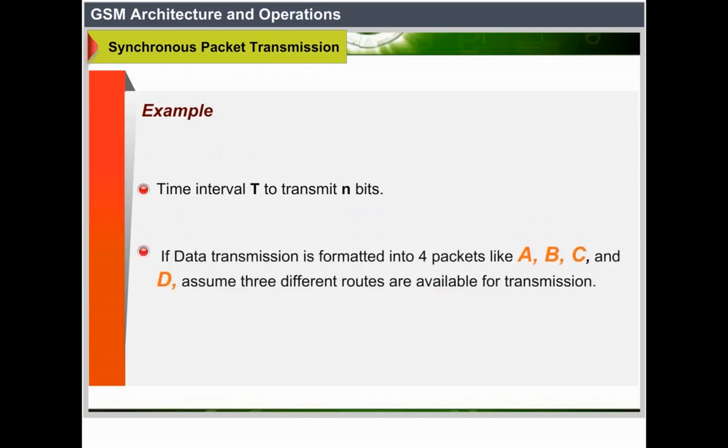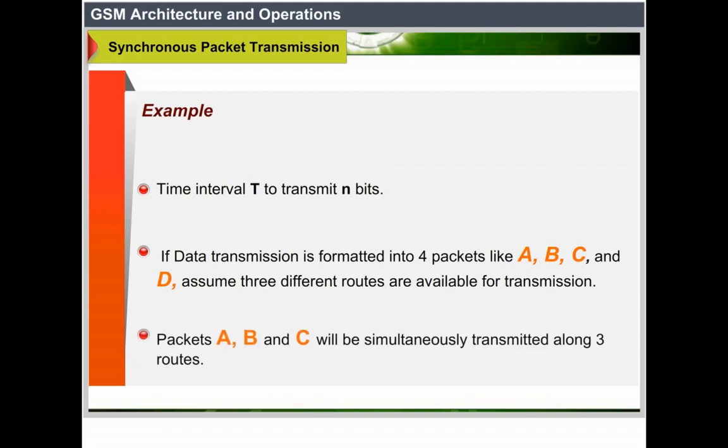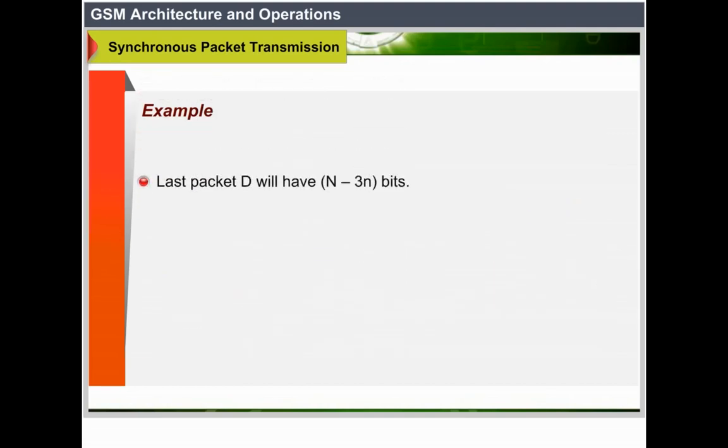If data transmission is formatted into 4 packets A, B, C and D, assume 3 different routes are available for transmission. Packets A, B and C will be simultaneously transmitted along 3 routes. Last packet D will have n-3n bits. Time taken to transmit D is equal to n-3n divided by n by t.